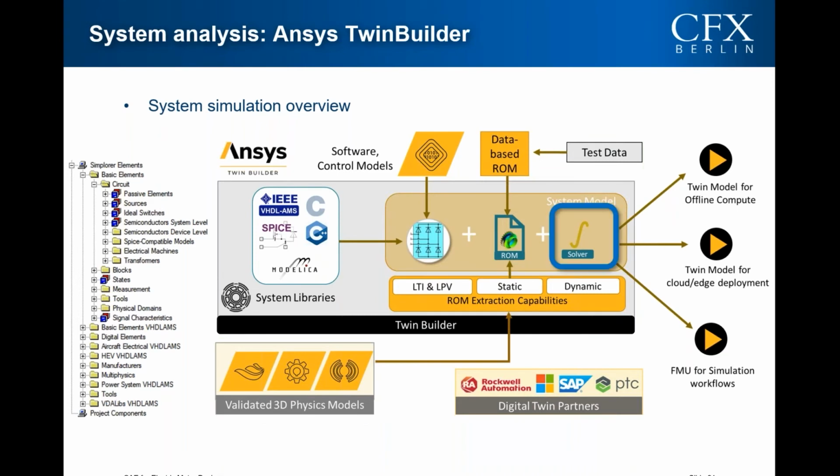Finally, we can also do a co-simulation with external solvers to get a component's response. Once we have done our system simulation, we can encapsulate this system knowledge into a functional mockup unit, FMU, or a twin model for further use in external programs like IIoT platforms.